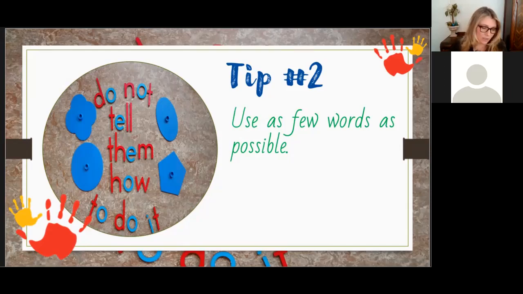The reason we want them to self-identify and self-correct those mistakes is because they're going to be less likely to repeat that same mistake again in the future. And so going through and showing them why it works the way it does, how to do that, as opposed to telling them, that's going to make it more likely that they remember that again in the future.